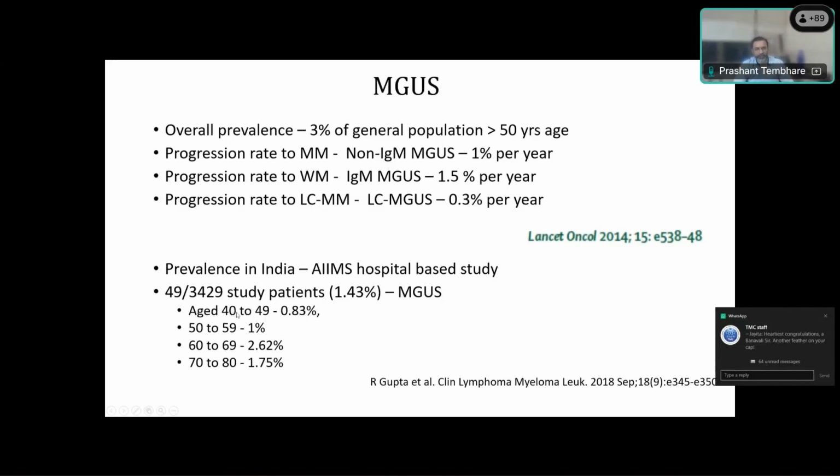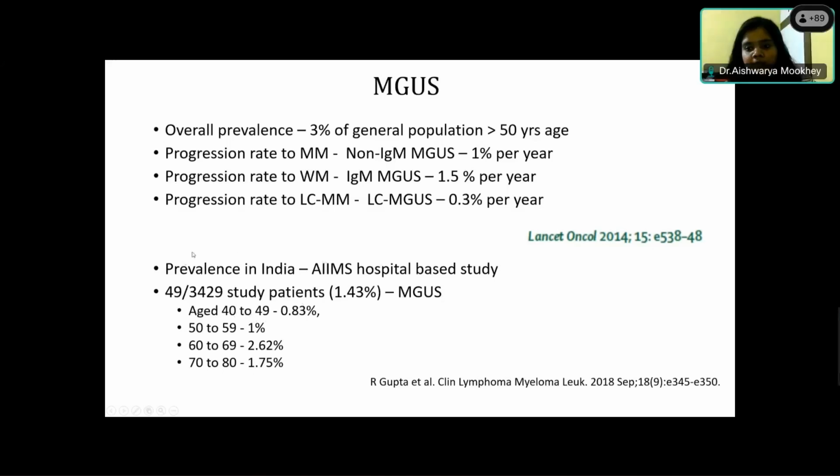So they have considered patients more than 40 years. Possibly that might also be the reason why it is lower. If you look by age, below 50 it is 0.8, 50 to 59 is 1, more than 60 years is 2.6, and more than 70 to 80 is 1.7. But this is biased data because this is hospital registered data, not general population data.